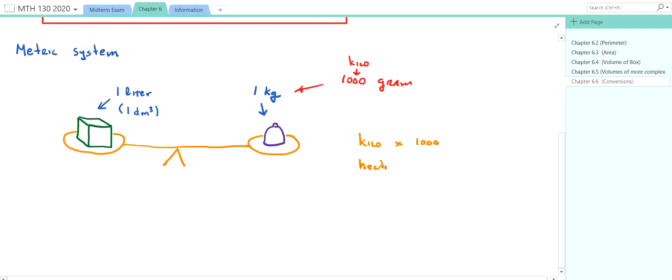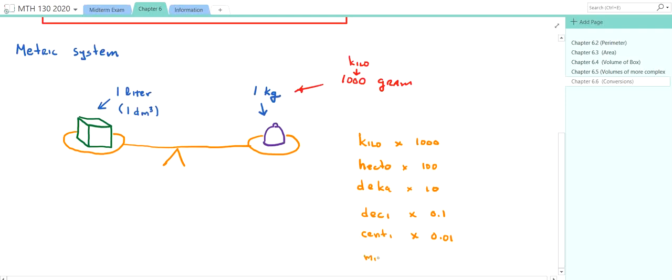I guess we could go with this. The hecto is times 100. The deca is times 10. Then we go smaller. The deci is times 0.1 or 1/10. The centi is times 0.01 or 1 over 100.